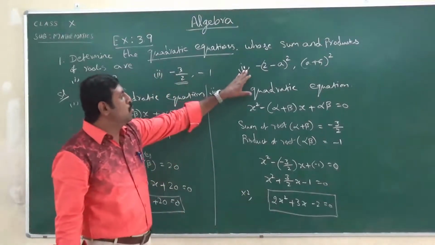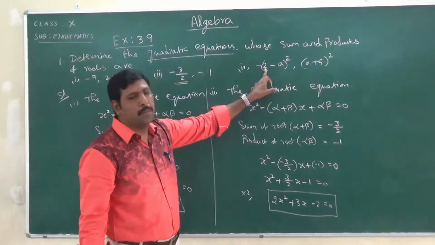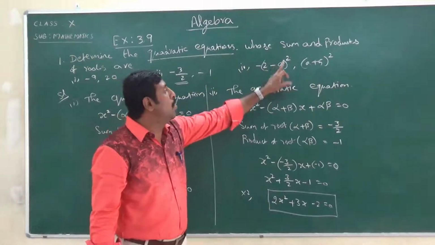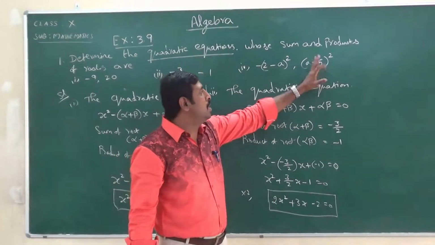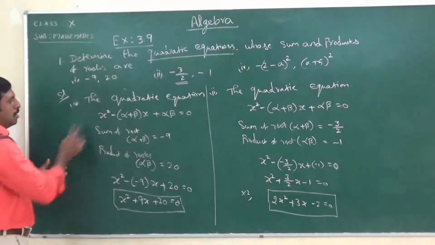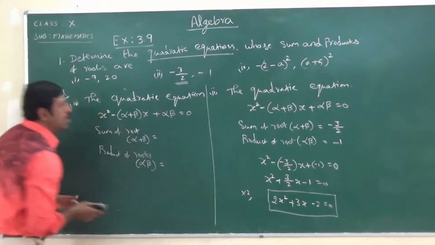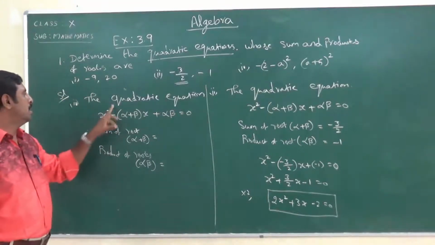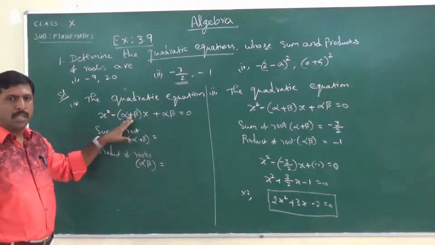Now we see the fourth Roman number. The sum of the roots is given as minus of 2 minus a whole square, and the product of the roots is given as a plus 5 whole square. For this fourth Roman number, the quadratic equation is x square minus sum of the roots, either we can use the words or plus symbols.